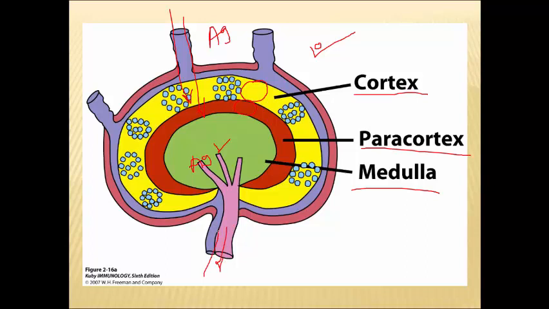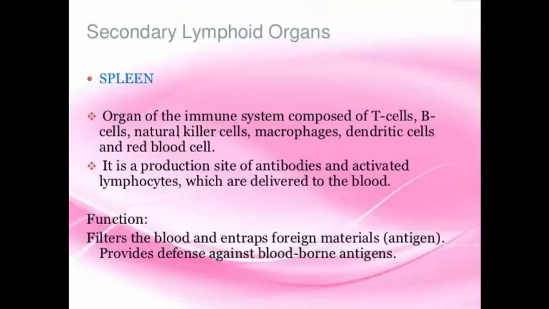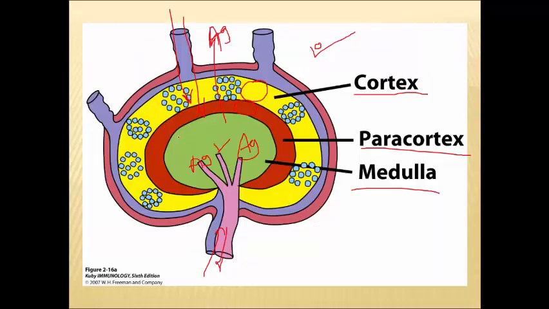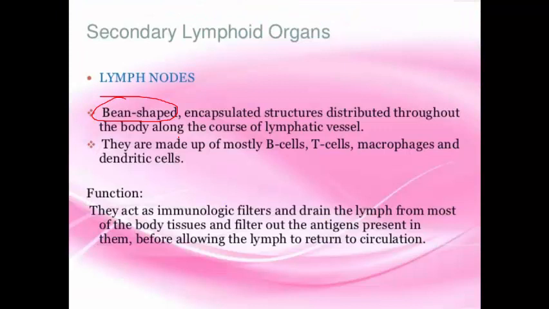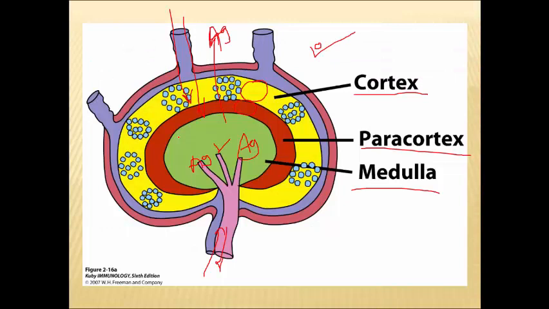If it enters from here, antigen will come inside the lymph node and lymph will remove. So in this there will be antigen, and as we have discussed, in the lymph node there will be B cells, T cells, dendritic cells. Now these cells, B cell, T cell, macrophage, dendritic cell, are going to fight with this antigen and eliminate this antigen in this lymph node.